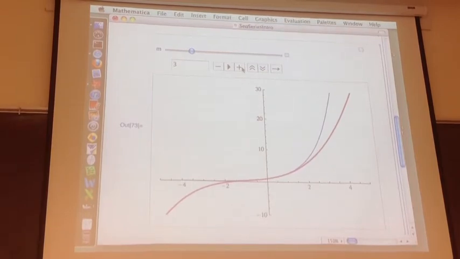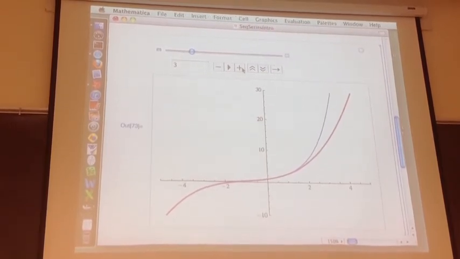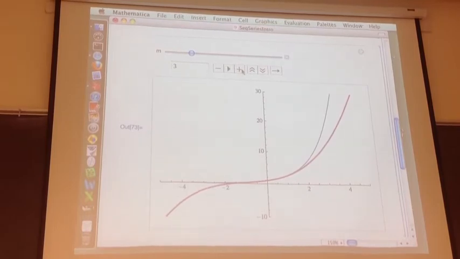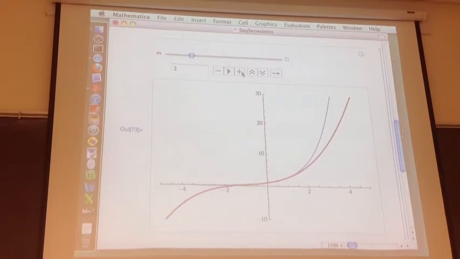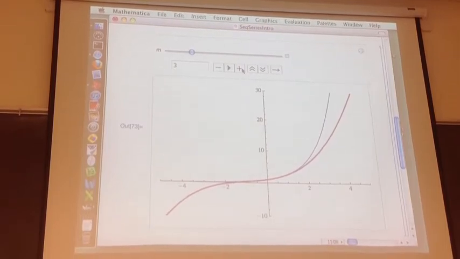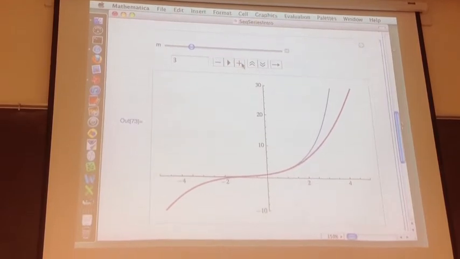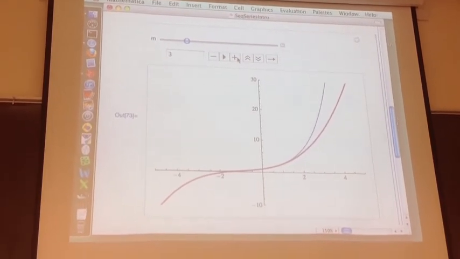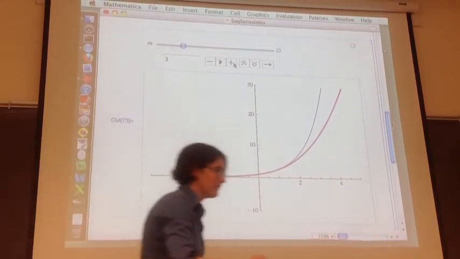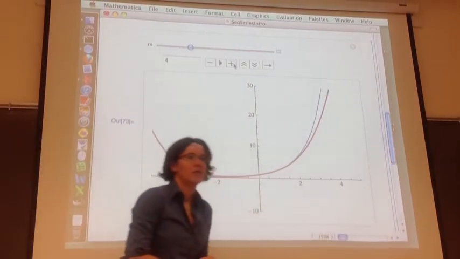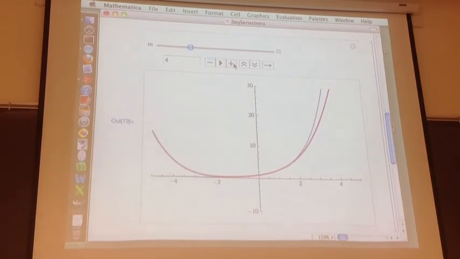Now, notice what's happening each time that I add on a term. Okay? My next one's going to look like y is equal to 1 plus x squared over 2 plus x to the third over 2 times 3 plus x to the fourth over 2 times 3 times 4. So if I add on another term, I've got this new curve.